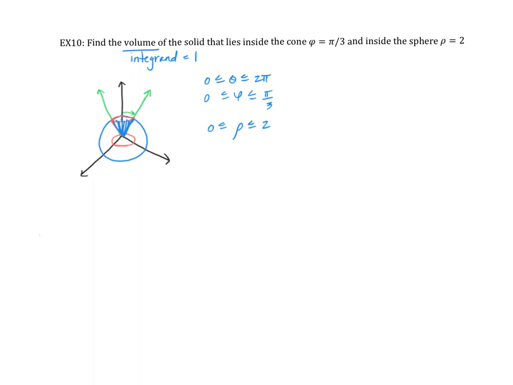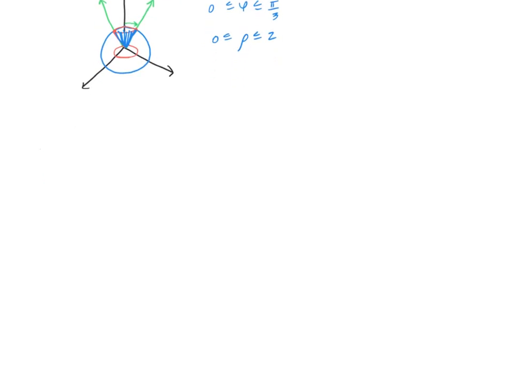So now that I have my limits of integration and I know my integrand is 1, I can simply find the volume. 0 to 2 pi, 0 to pi over 3, 0 to 2. Remember, it's a rho squared sine phi. And then you do d rho, d phi, d theta.